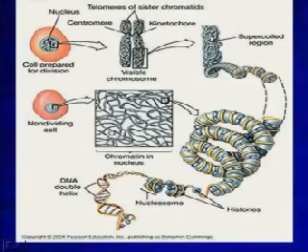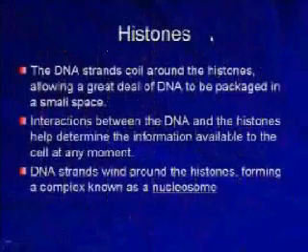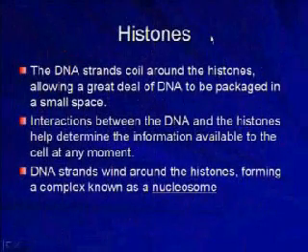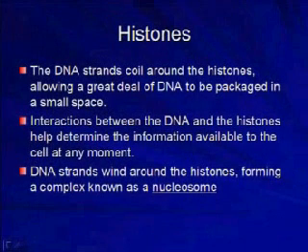So the DNA strands coil around the histone. This allows a great deal of DNA to be packaged into small spaces. Interactions between DNA and histones help determine the information available to the cell at any moment. DNA strands wind around the histones, forming complexes known as nucleosomes.